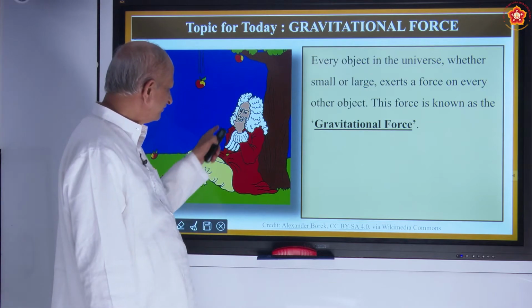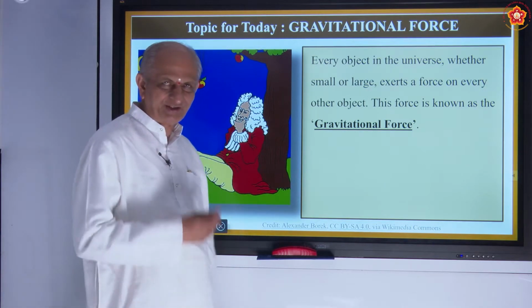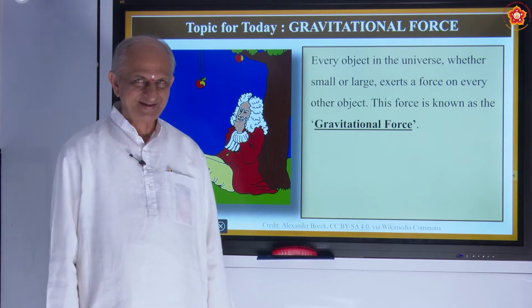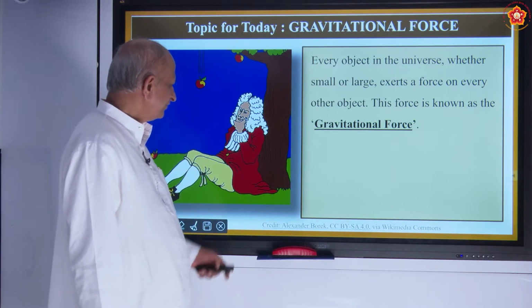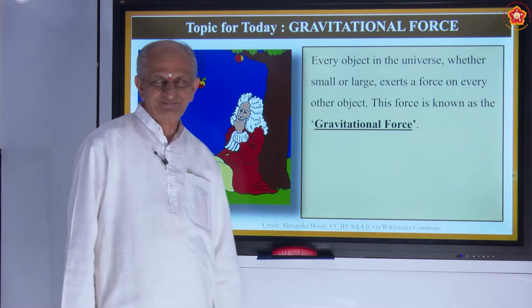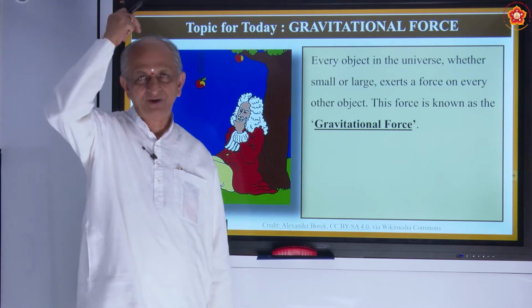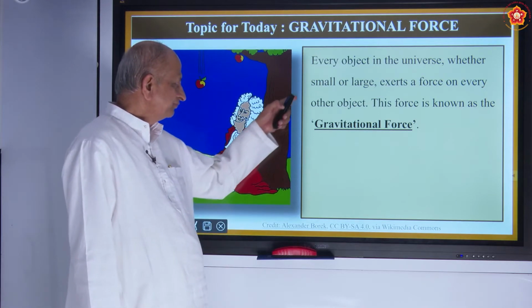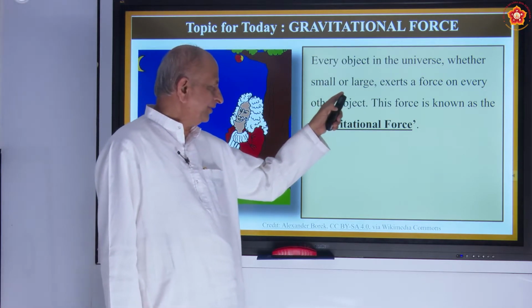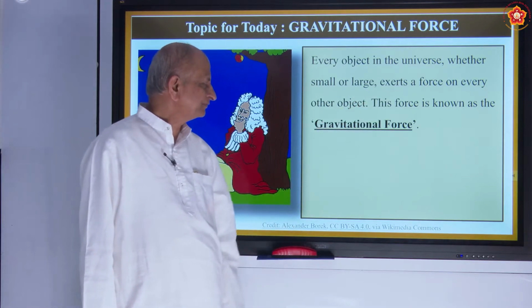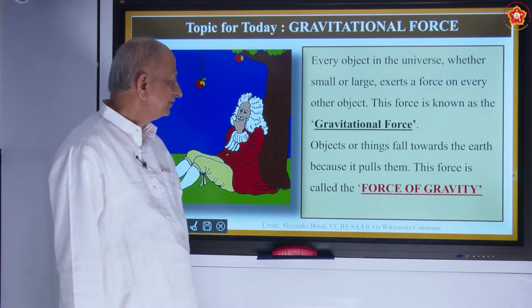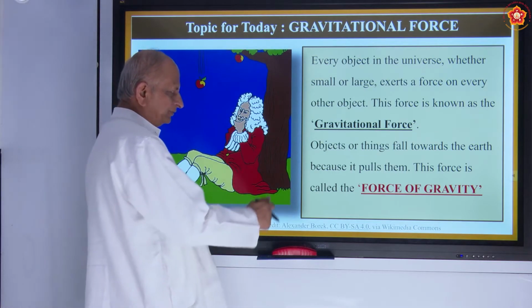And this photo is of Sir Isaac Newton. Of course, it is a cartoon type. You can draw the figure if you are interested. So here he is thinking seriously, why does an apple fall on my head? Then he discovered a law that every body exerts a force, and that is what is defined as gravitational force.